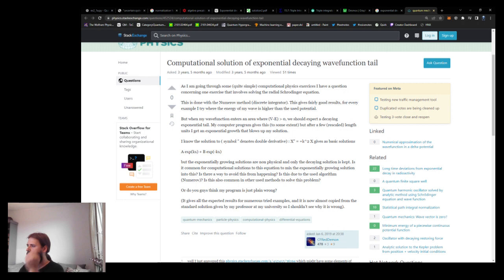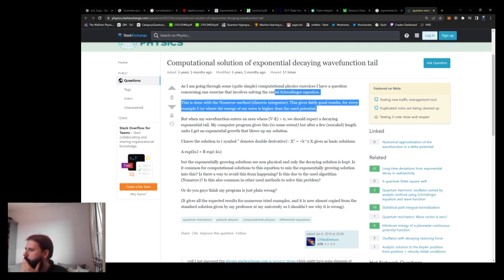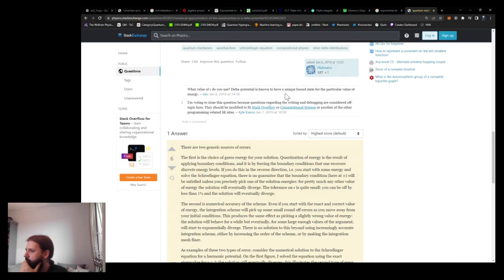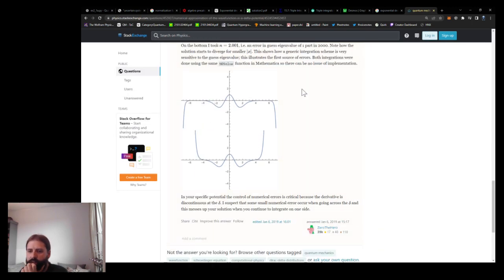I have questions. One example about solving the radial Schrodinger equation is done with the radial Schrodinger equation.